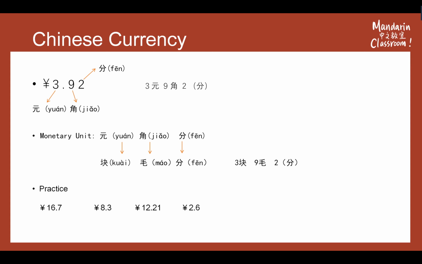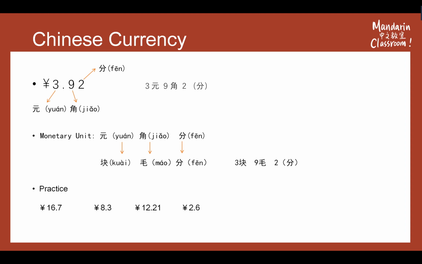12.2毛一. Here I want to emphasize why I say the 2 here as 2毛, because after the 2 it has a unit, so I have to say 2 in that pronunciation.